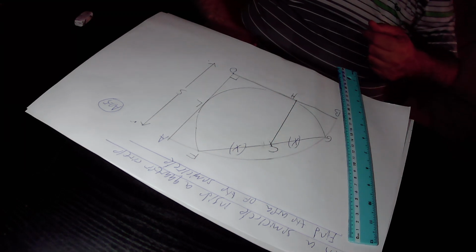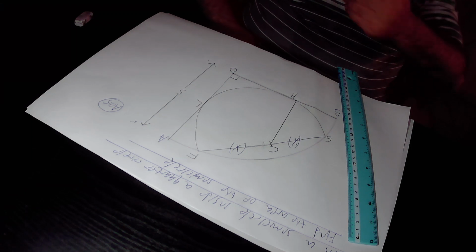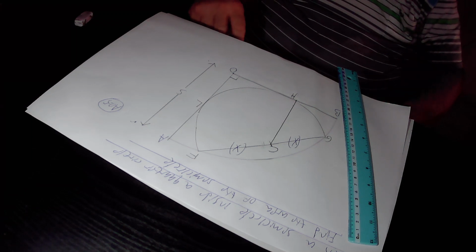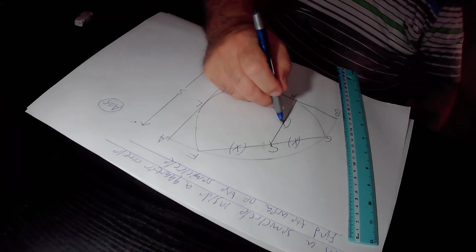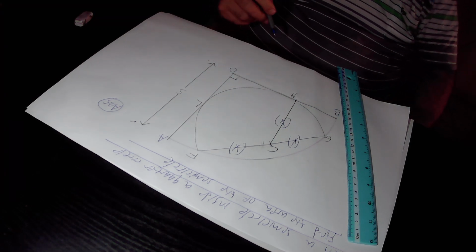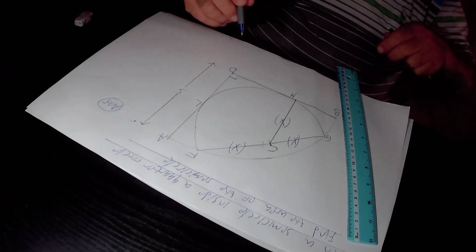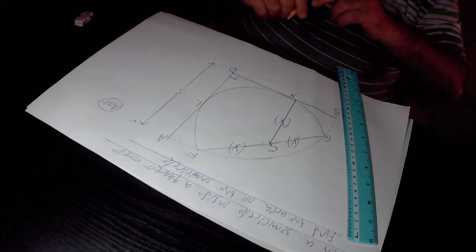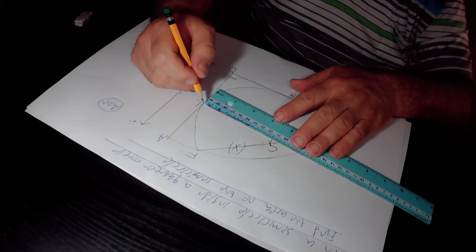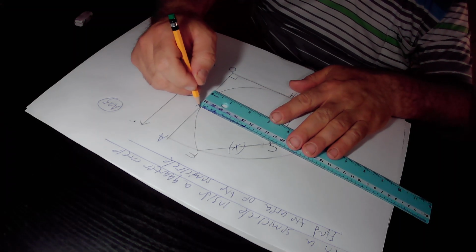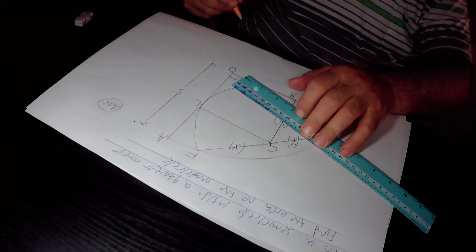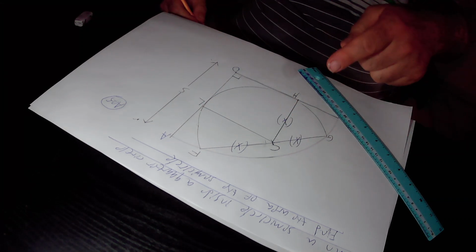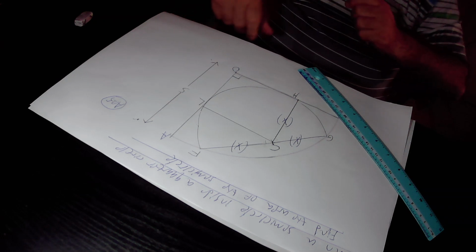CH is the radius of this semicircle that equals x according to our definition. We join points C and L together by a straight line. CL is also the radius of this semicircle that equals x.